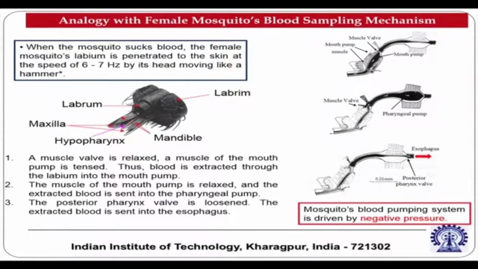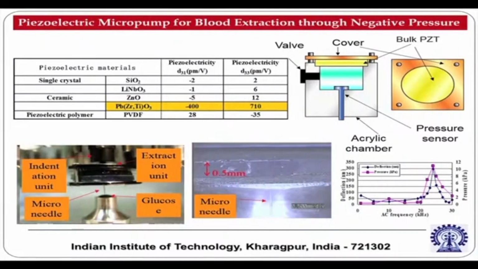If we do not want to get into the complications of this blood sampling, at least we can say that the mosquito's blood pumping system is driven by negative pressure, and the mechanism that I have demonstrated in the previous slide tries to follow this principle, that it tries to create a negative pressure or a suction pressure for blood extraction.